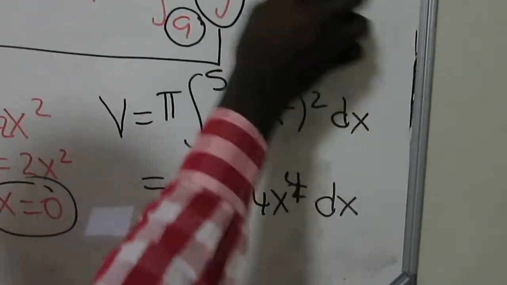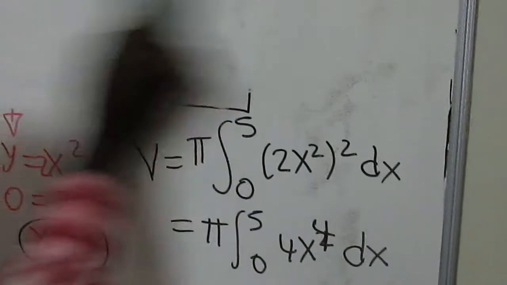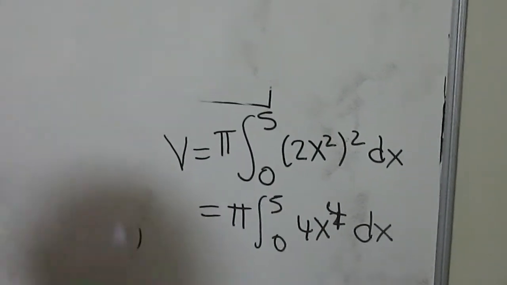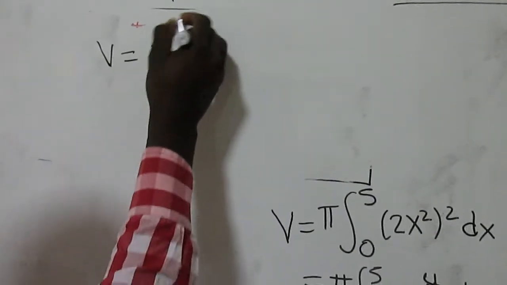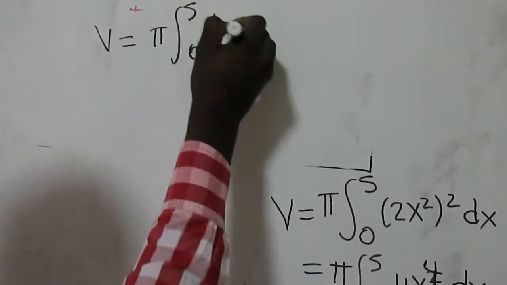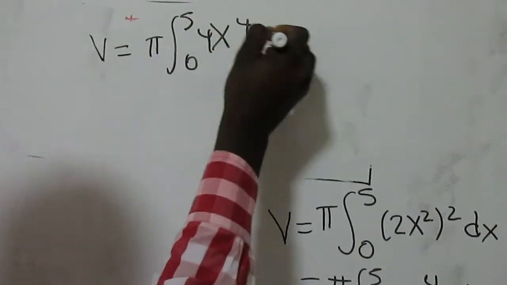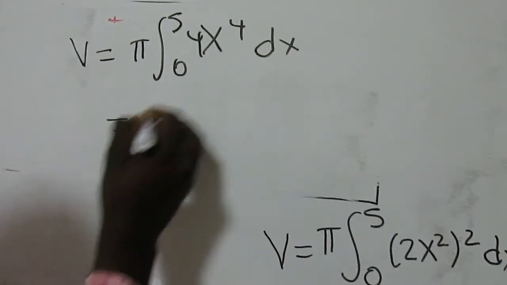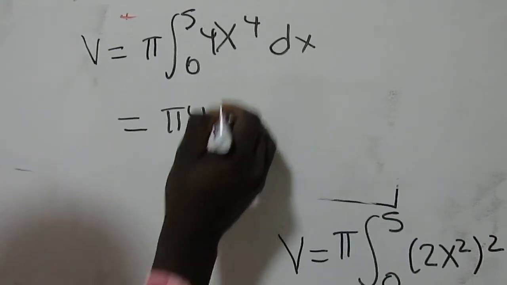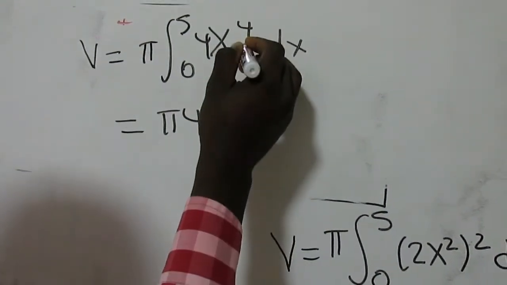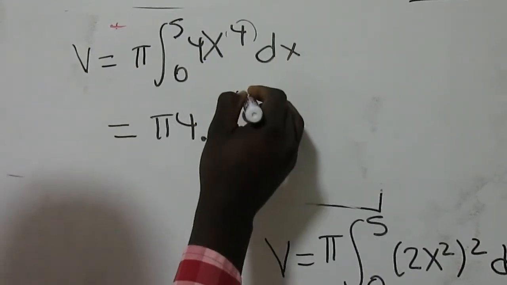And again, how do we do the calculation? From that, you can see that our volume will be given by pi, the limits 5 and 0, of 4x to the power 4 dx. In the integration, you keep the 4 as the constant, and then you have x to the power of 4 plus 1, because it's a power. 4 plus 1 will give you what?